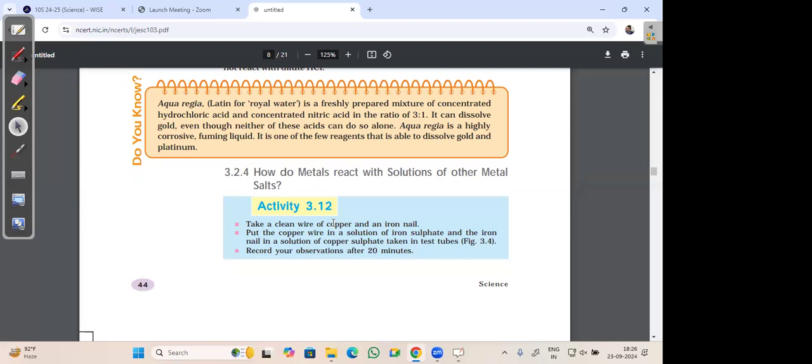So hydrochloric acid is taken as 3 and concentrated nitric acid as 1. They form aqua regia, which is also called royal water. This aqua regia is able to dissolve even gold.